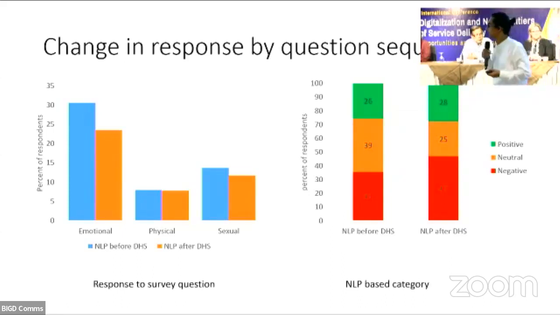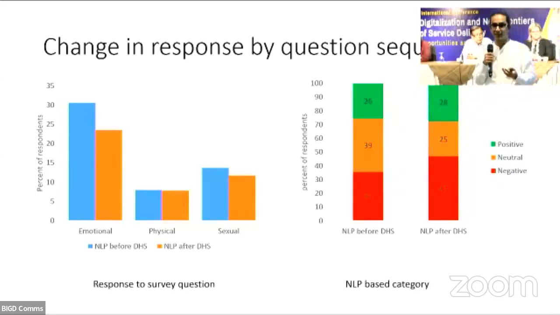Thankfully for physical and sexual violence, we don't see much of a difference, but for emotional, if we ask an open-ended question first and then the standard question, they are far more likely to say that they have experienced it.